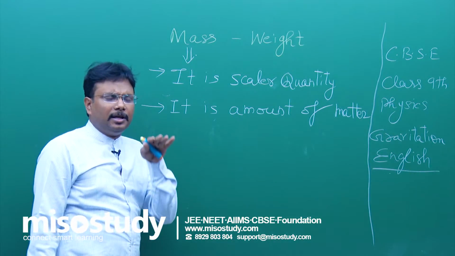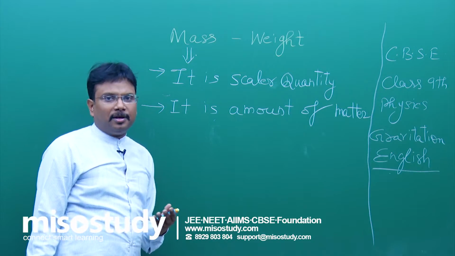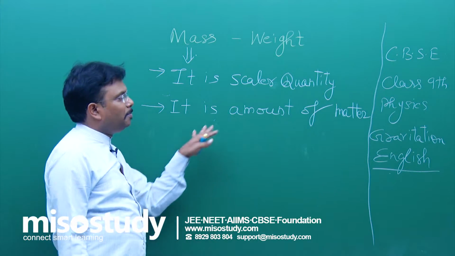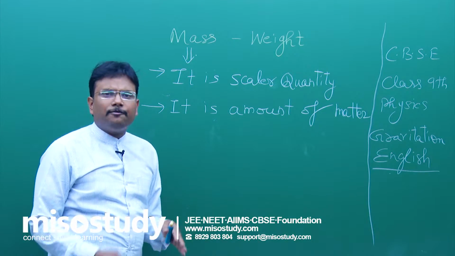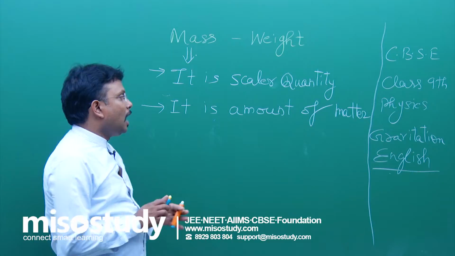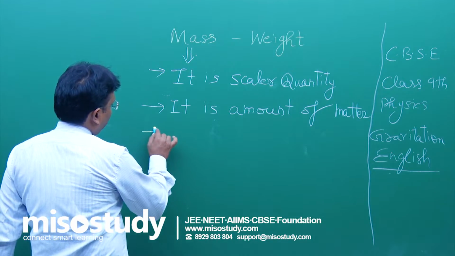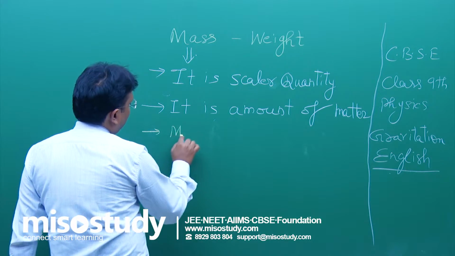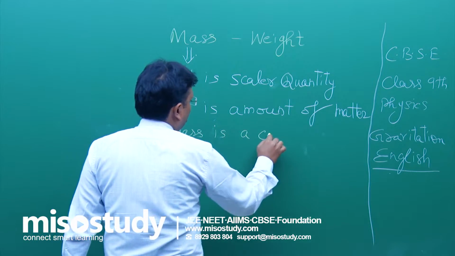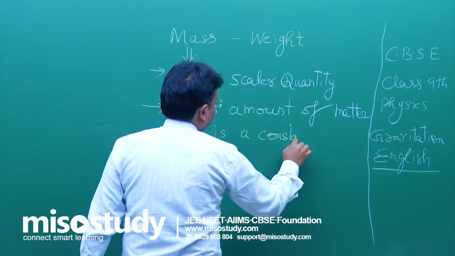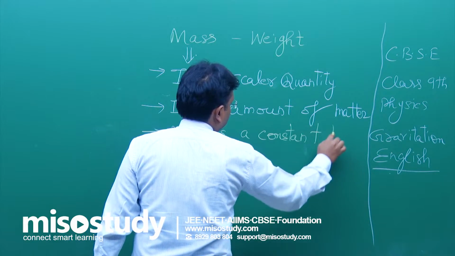I am not going deep into chemical aspects, simply from the physics point of view, it is the amount of matter confined in a specific quantity, and because of this reason mass is a constant term.